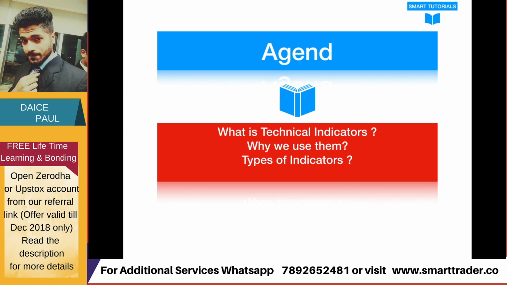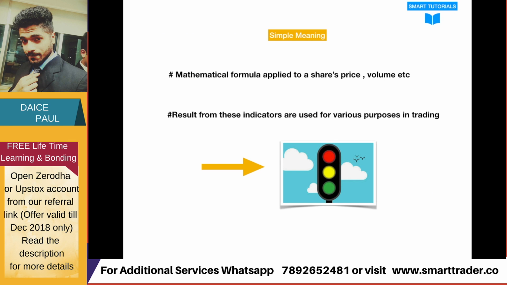So without wasting time, let's go into the simple meaning of technical indicators. I have two simple lines for you guys. It says: a mathematical formula applied to a share's price, volume, etc. I know most of you are just like me, you won't like maths, but we don't have any option, brother.